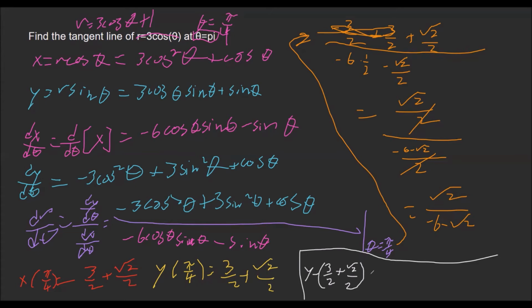And that happens to be equal to our slope, which is root 2 over negative 6 minus the square root of 2 times x minus 3 over 2. Oops, hold on. Plus root 2 over 2. And so that is our polar tangent line.